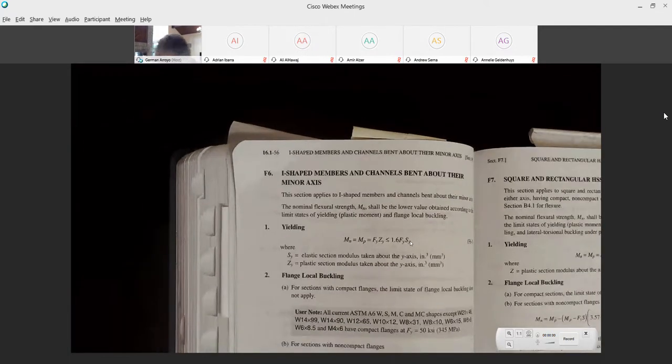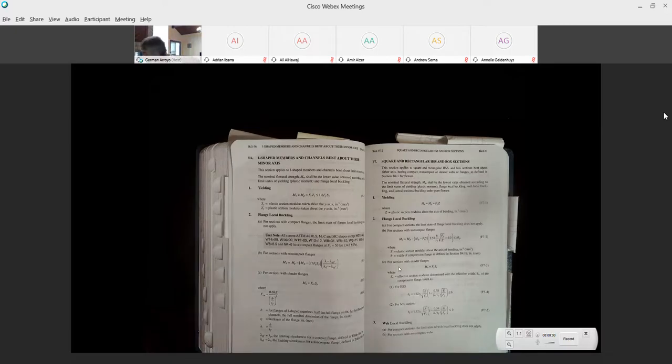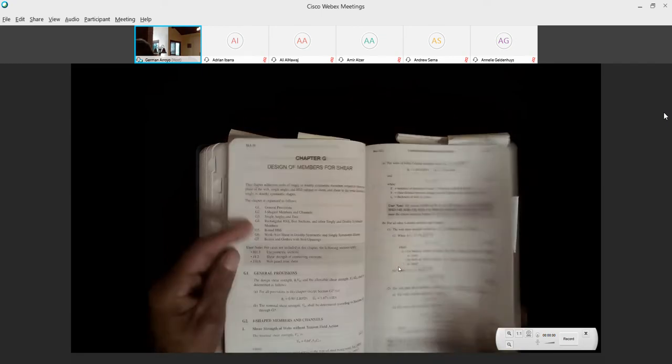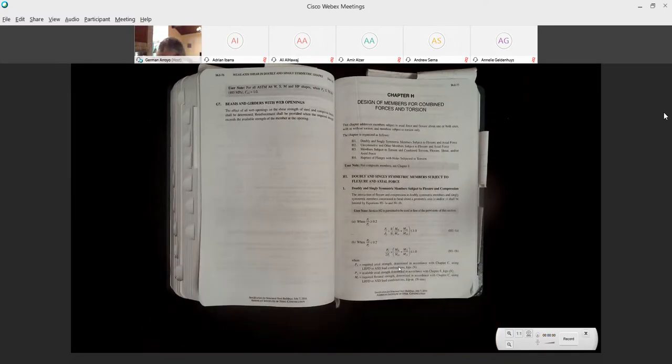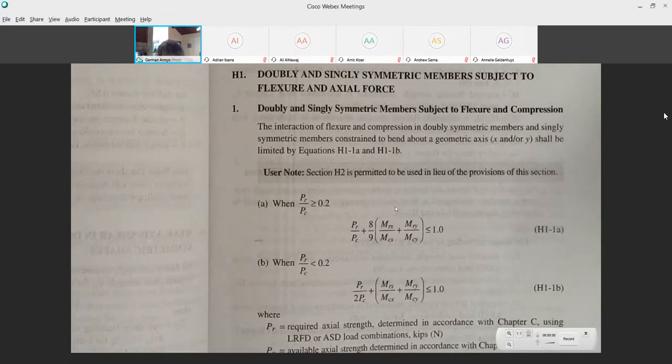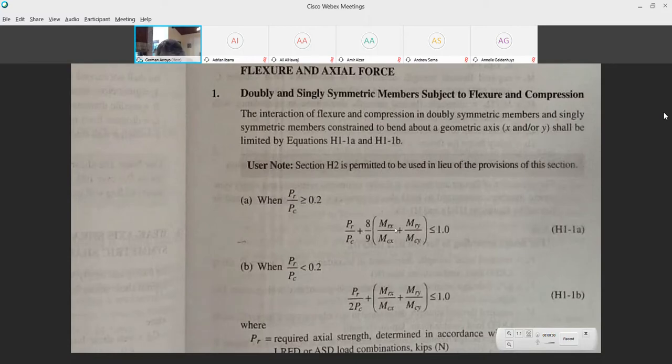So whenever we solve this problem, you have to understand that for bending about the strong axis, chapter F assumes that Cb is equal to 1.